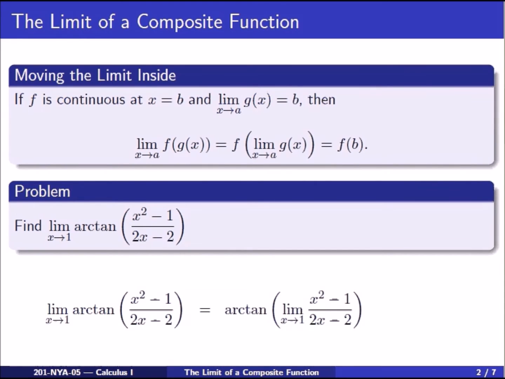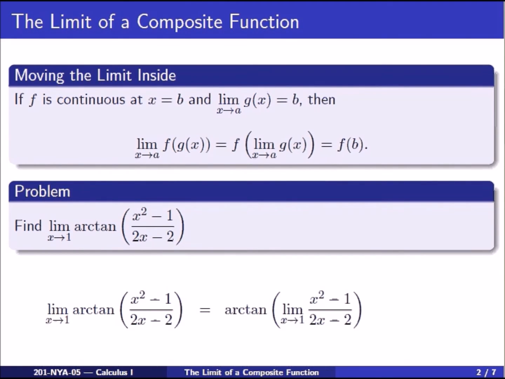Now the limit as x approaches 1 of x squared minus 1 over 2x minus 2, well, if I plug in 1, you'll see that you get a limit of the form 0 over 0. But since it's a rational function, that means that I have polynomials in the numerator and in the denominator, and because by replacing x by 1 I get 0 in the numerator, that means that this polynomial has a factor which is x minus 1.